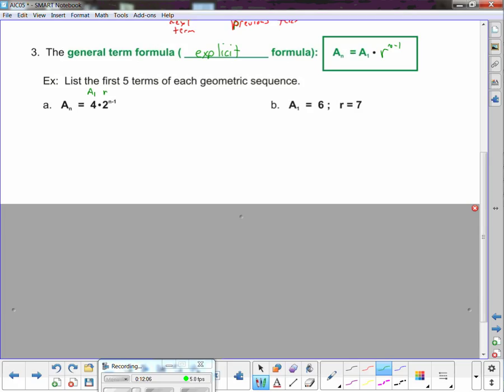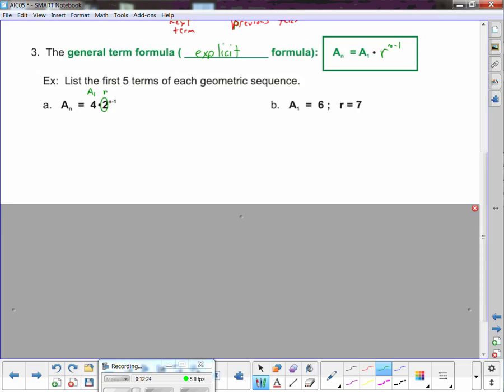The r was the 2. Because again, this is the explicit form. So the first term was a 4, and r is a 2.